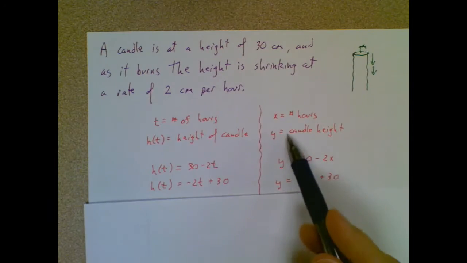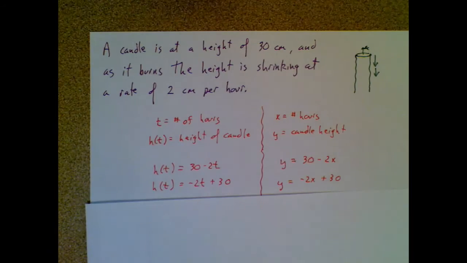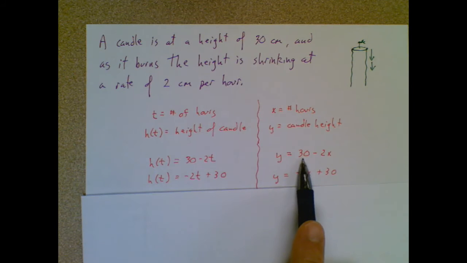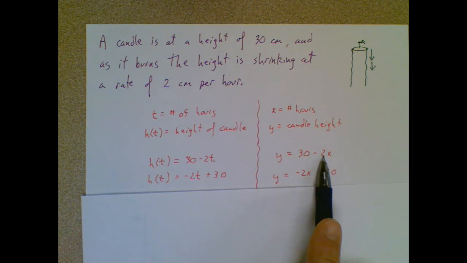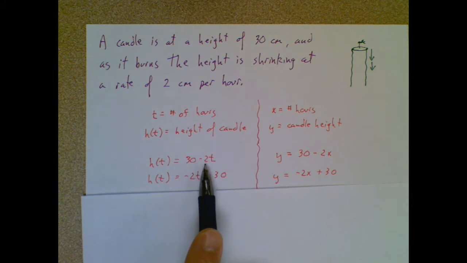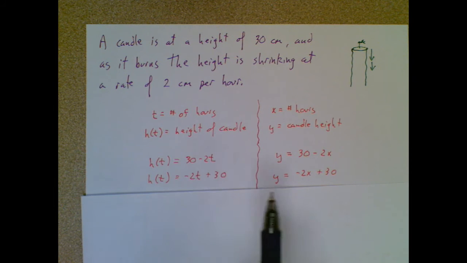I used the traditional x and y, or I used function notation, but they're the same thing. Basically what's happening here is you have a 30 centimeter candle that's reducing by 2 centimeters per hour. The height of the candle is 30 centimeters and it's reducing by 2 centimeters per hour.